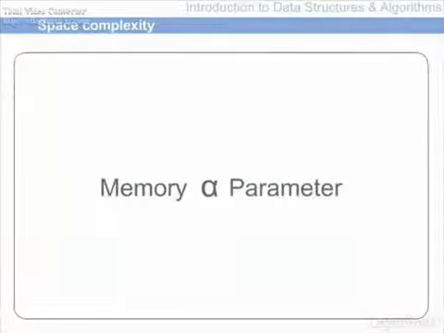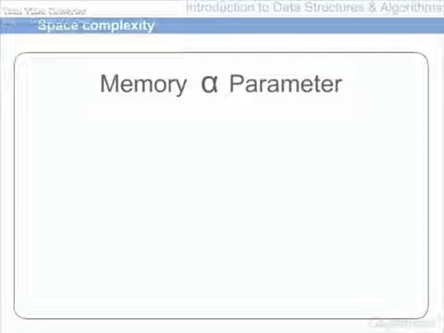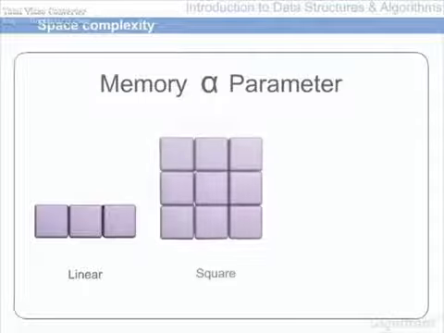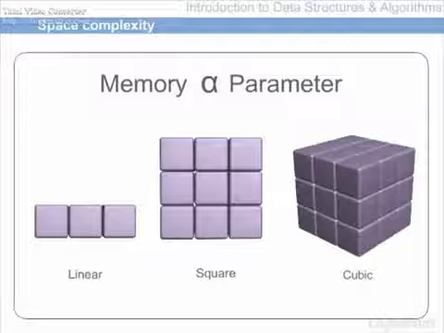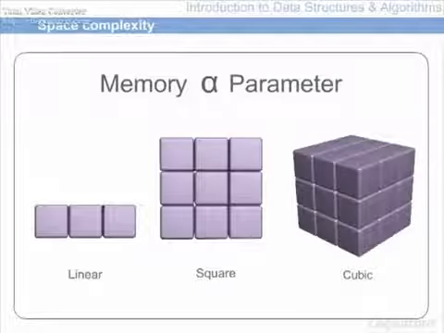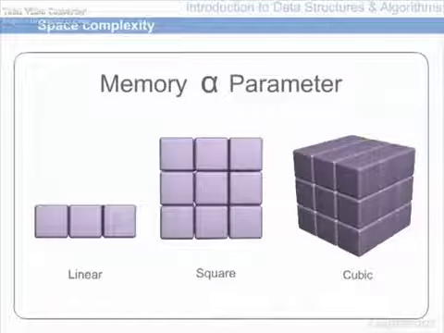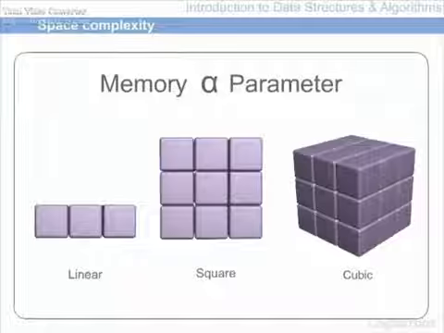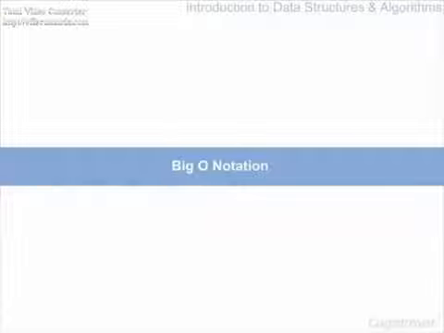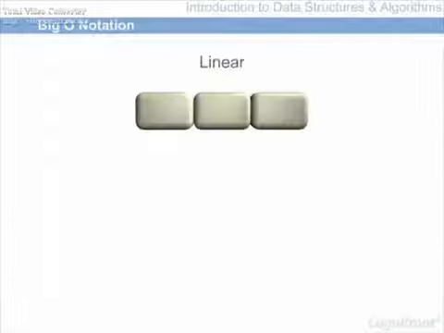The program needs this amount of memory in some proportion. If this proportion is more, then the program is more complex in terms of space complexity. To represent the complexity of any program, we use a notation called Big O notation. For example, consider a one-dimensional array.